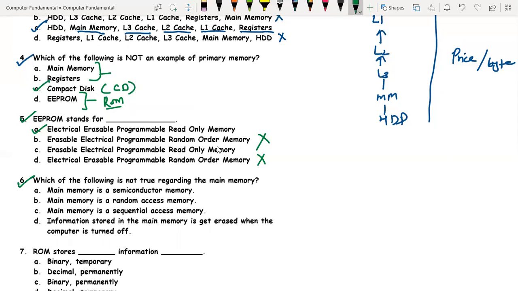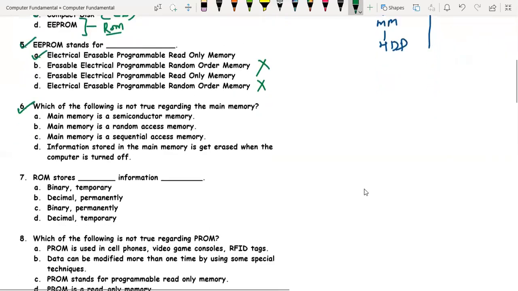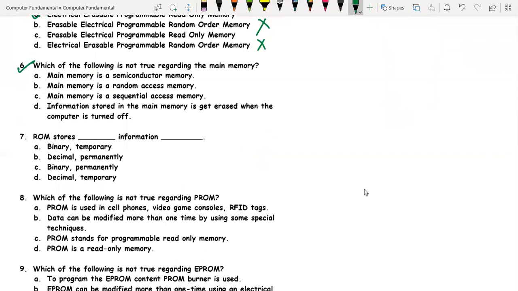Question number 6. Which one is not true regarding the main memory? Main memory is a sequential access memory. What about this statement? Main memory is a semiconductor memory. It's a true option.